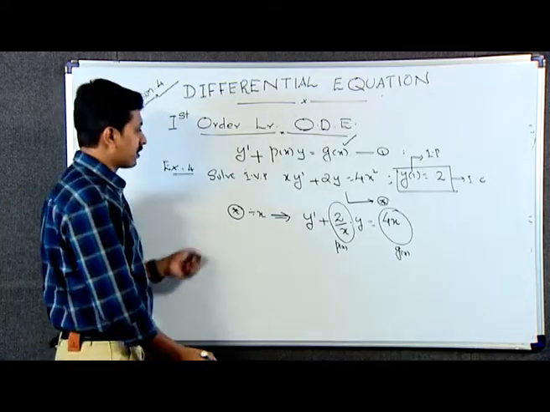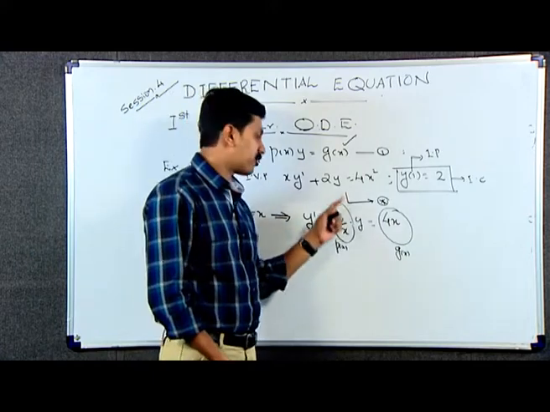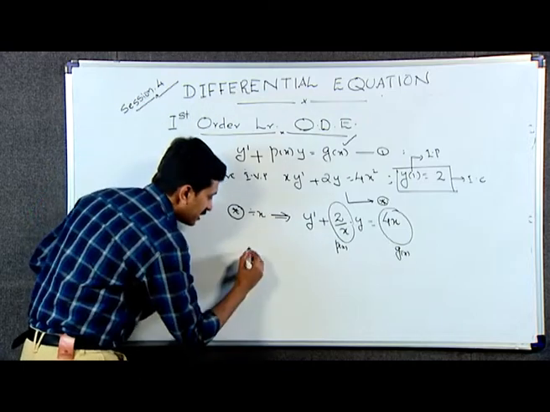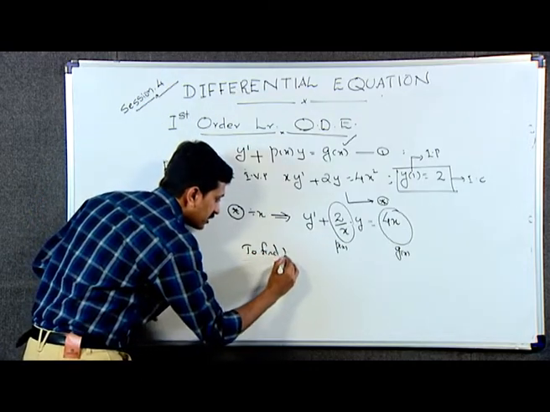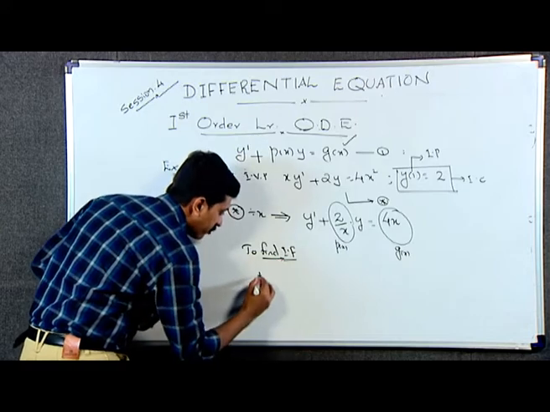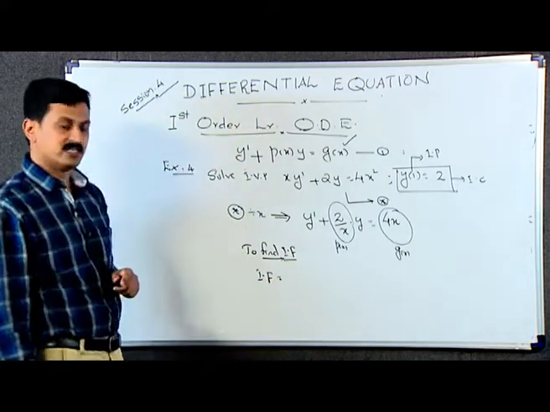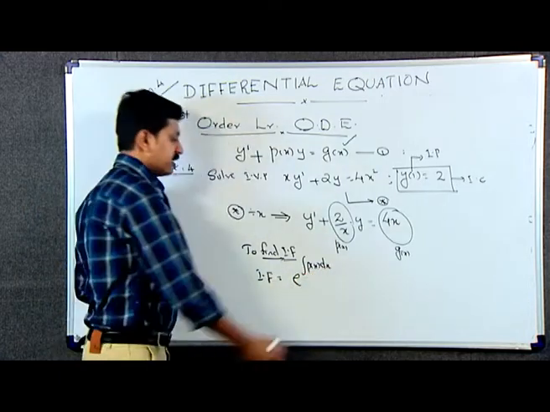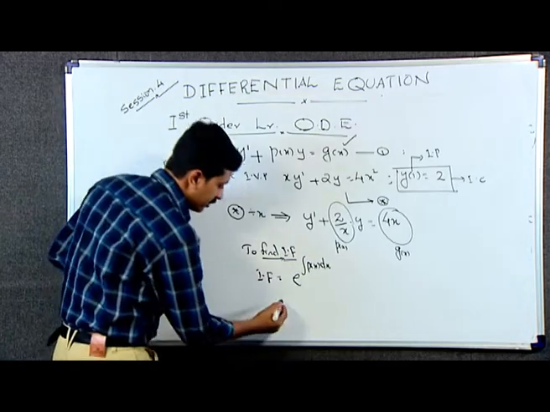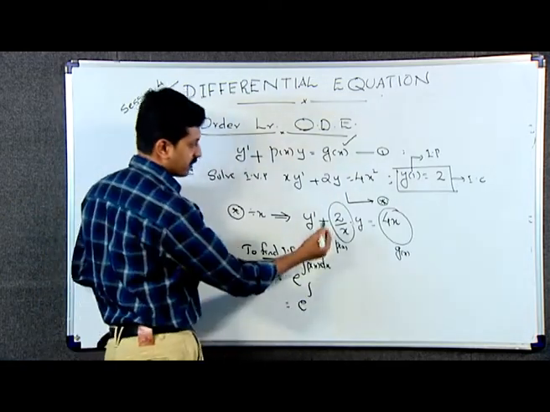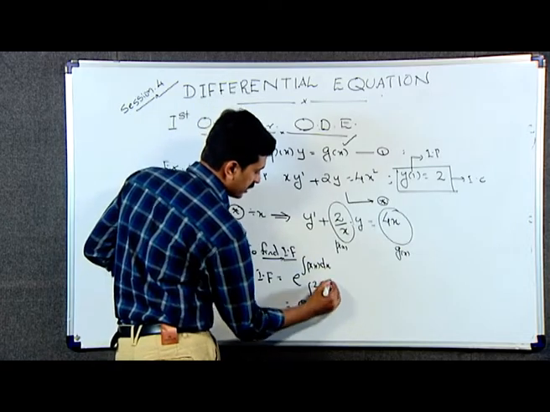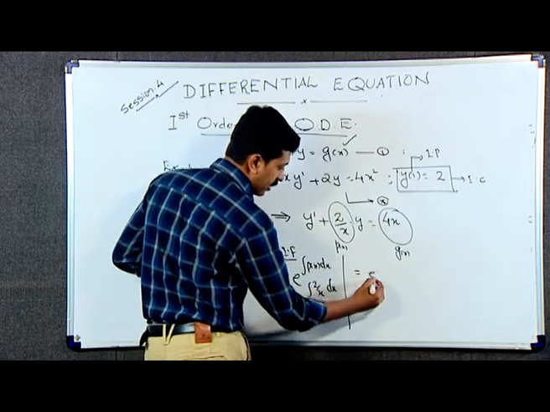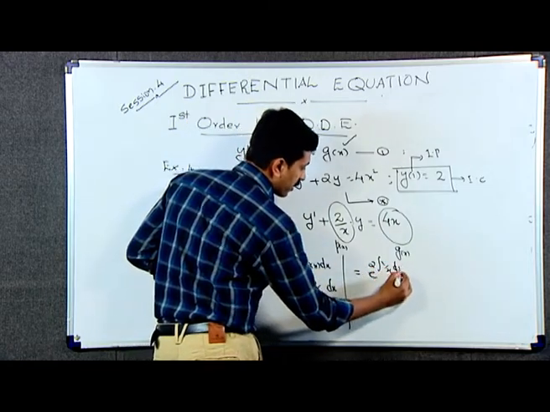We have to solve this as we did in the earlier problem, by finding the integrating factor. We have a formula for it. Integrating factor is e raised to the integral of p(x) dx, which is e raised to the integral of 2 by x dx, which is e raised to 2 times the integral of 1 by x dx.